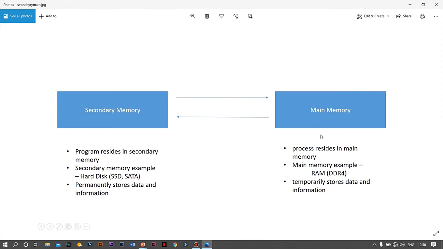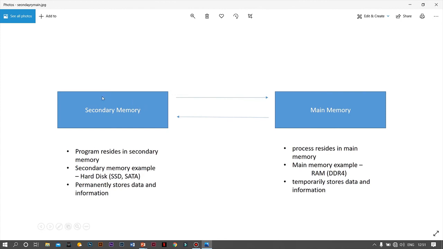Okay, always remember, a program is always kept in secondary memory. Why? Because you need to permanently store programs in your hard disk. Okay, you cannot store programs in main memory, because if you store programs in main memory, then everything will get erased. You want programs to remain forever, so that's why programs always reside in secondary memory.